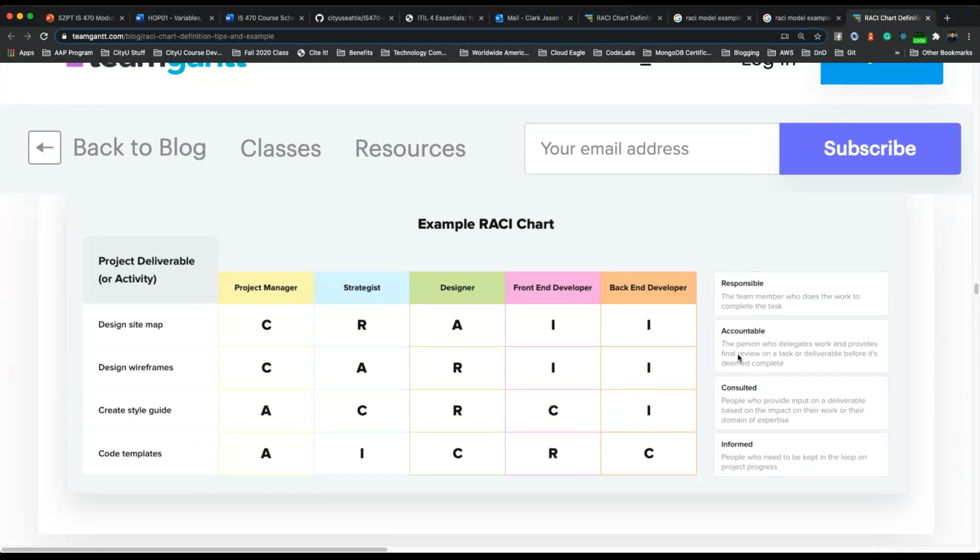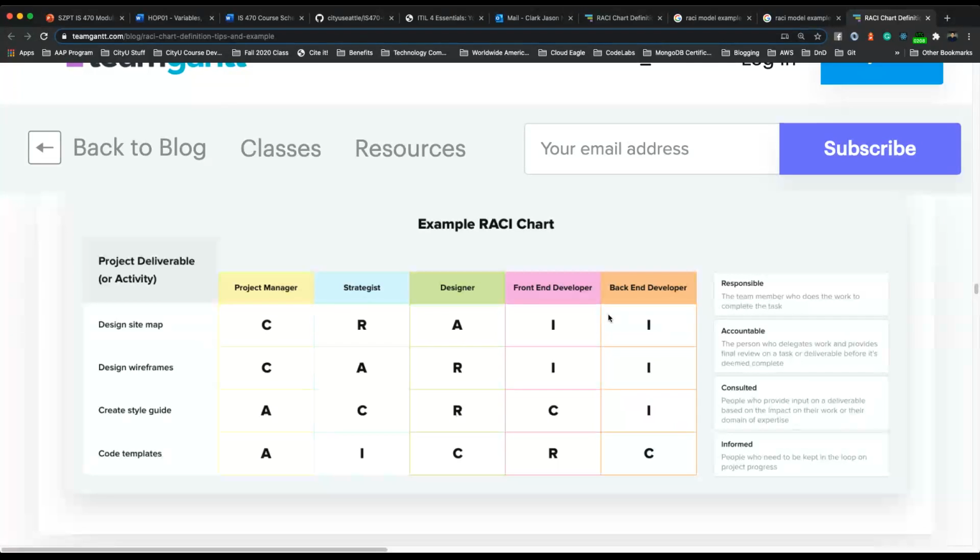So let's say I assign someone to do it for me, but I'm the one accountable. It's more like I'm still the one to be blamed if something happens, right? Consulted is where you find someone to get input, to add value, right? Because maybe they're an expert in that domain or that field, right? The last one is informed. Those are the persons that you need to keep in the loop.